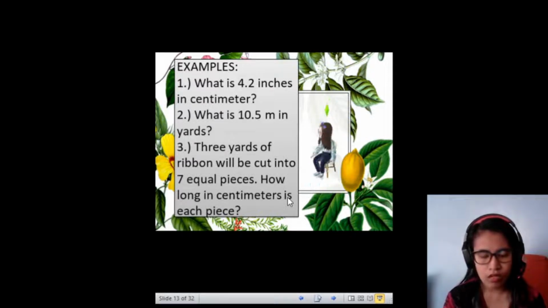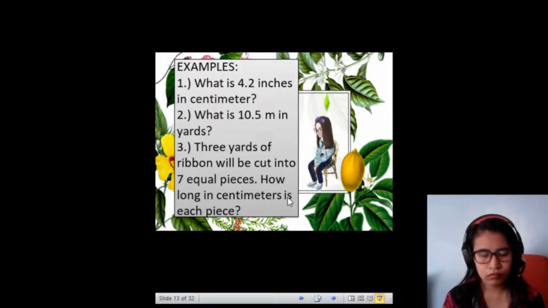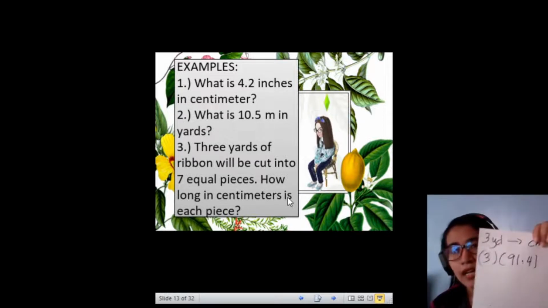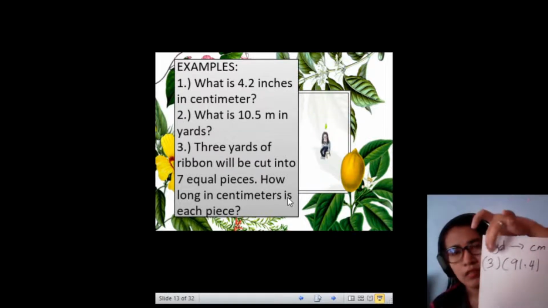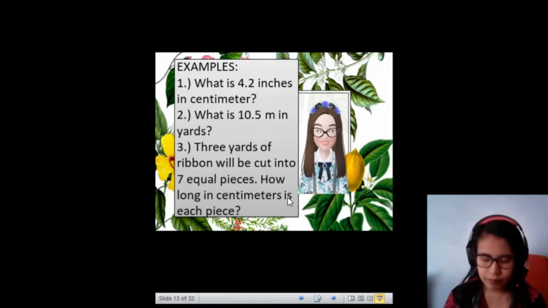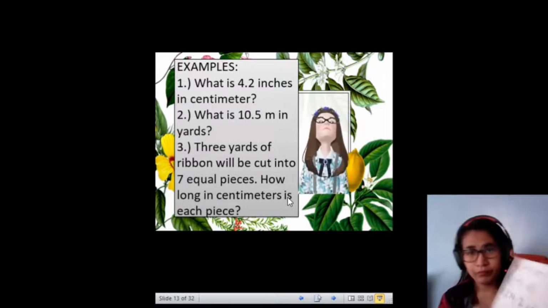So we have 3 yards to centimeter. We will multiply 3 by 91.4. So our answer will be 274.2 centimeter.